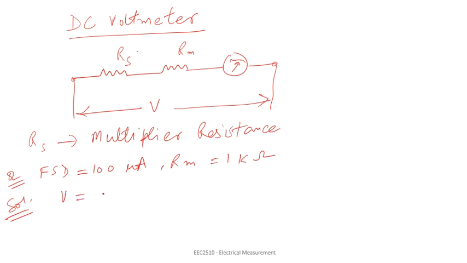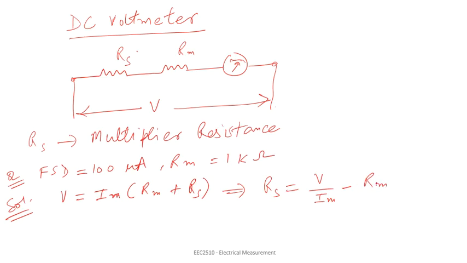First, to calculate this V, it can be Im times Rm plus Rs. So that means the series resistance Rs can be Vm over Im minus Rm.